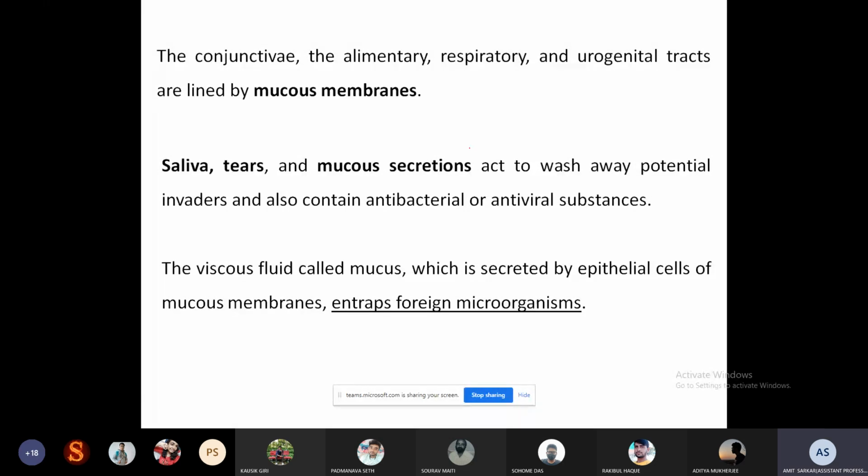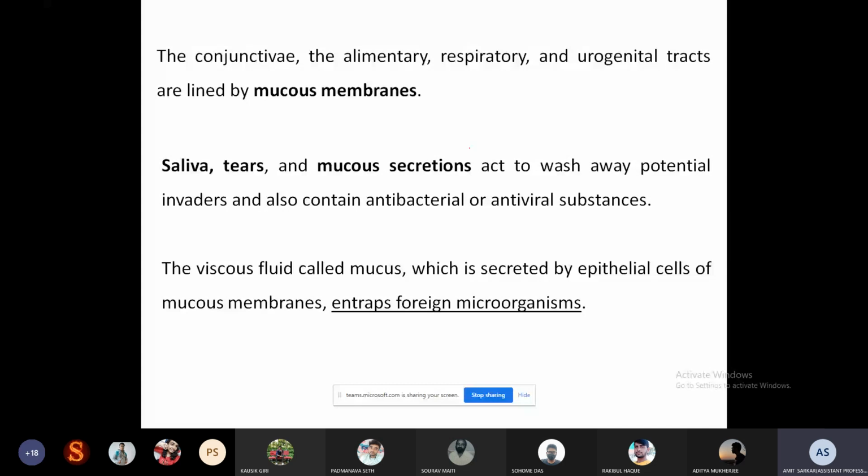So saliva, tears, and mucous secretions act to wash away potential invaders and also contain antibacterial or antiviral substances as well. The viscous fluid called mucus, which is secreted by the epithelial cells of the mucous membrane, also entraps foreign microorganisms. Trap means ফাঁদ.